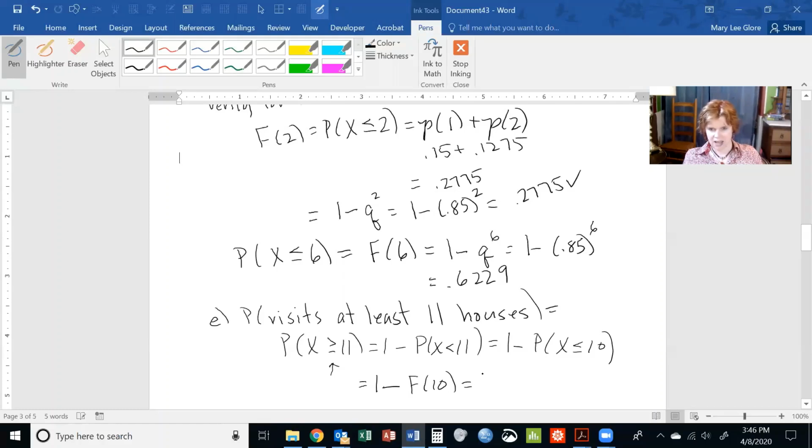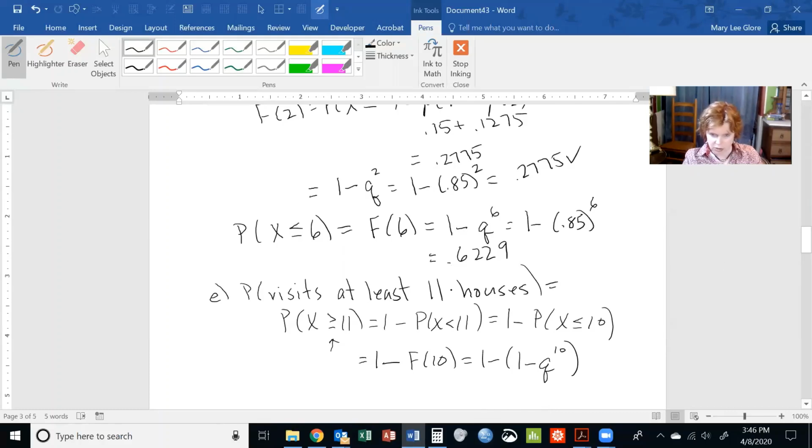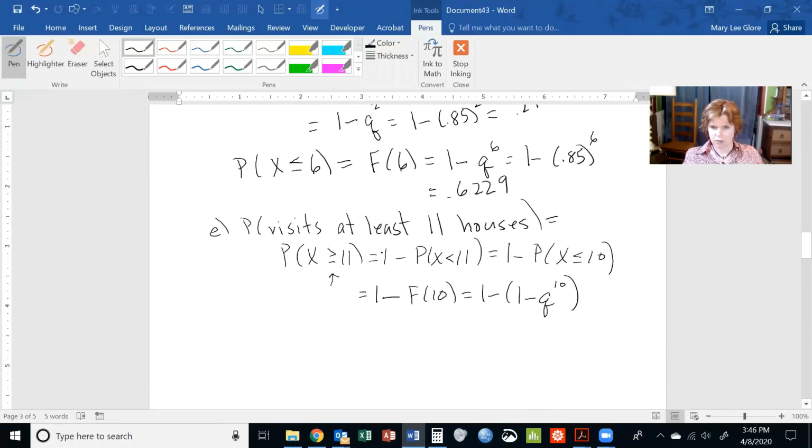And F of 10, by our rule, is 1 minus q to the 10th. So that gives me 1 minus 1, which is 0, minus a negative q to the 10th. This is going to just be q to the 10th. So the probability that capital X is at least some number is q to that number.